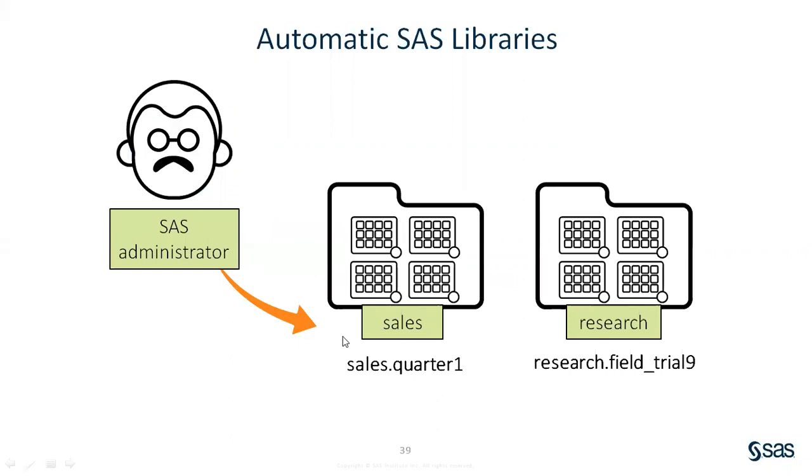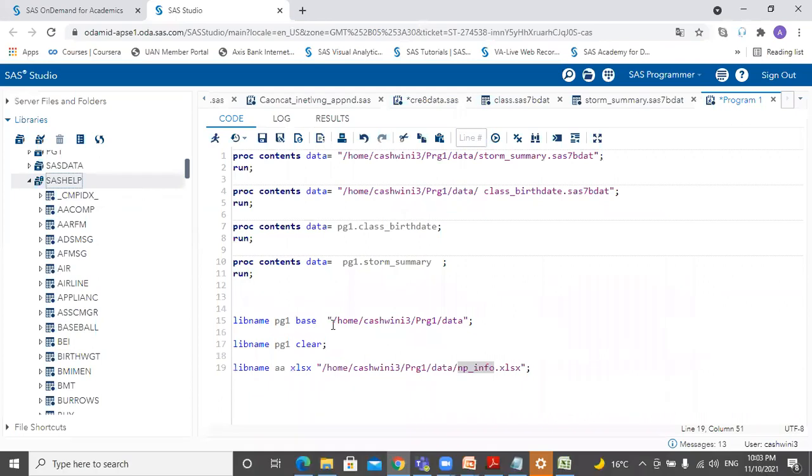Fine. But remember, if you require all these data files to be accessed every time for your session, we simply write a libname. It will create a library for us as PG1, which will refer to all the data from your external drive in SAS. So this is one of our permanent libraries which we create as a SAS user or analyst.